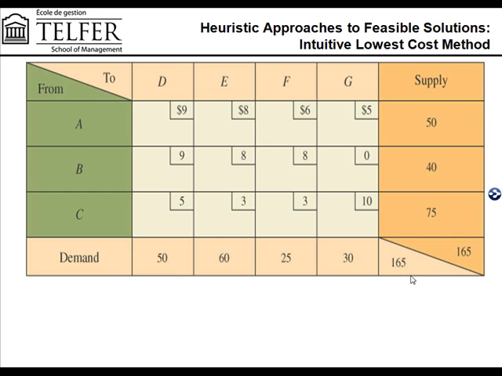In this example, we actually have a cell which has a cost of 0 associated with it, and that is from B to G. So you have a supply point B and a demand point G, and the cost of transportation between those 2 points is actually $0. If you're wondering how that is possible, this might be a scenario where you have a warehouse location that also acts as a retail outlet.